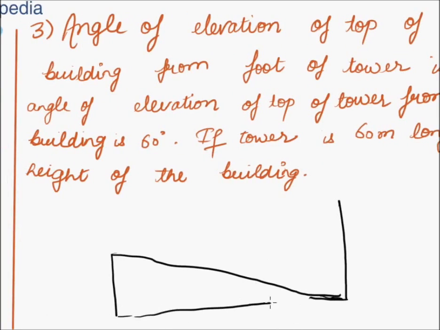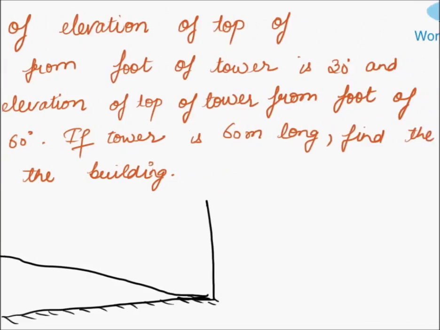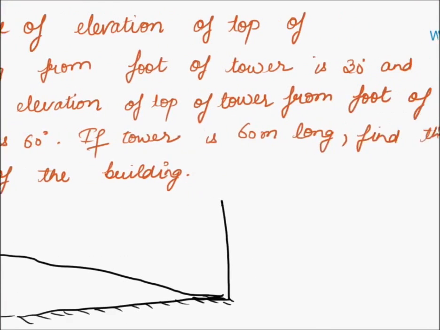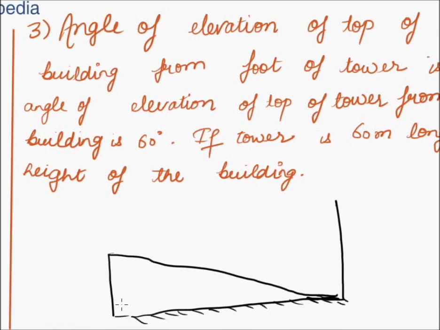Say this is the ground, the base connecting the two verticals, building and the tower, and the angle of elevation of top of the tower from foot of the building is 60 degree.